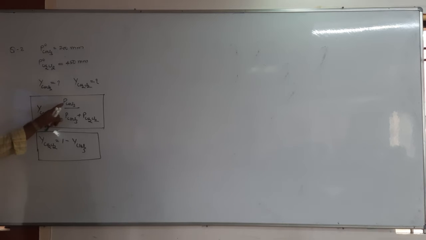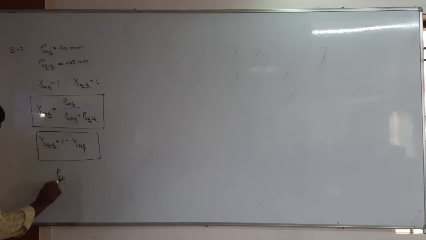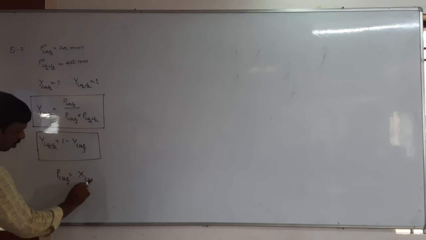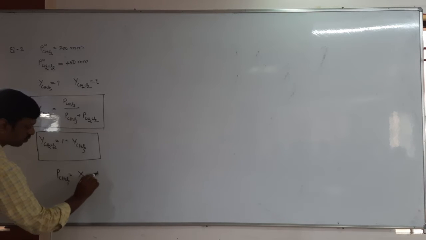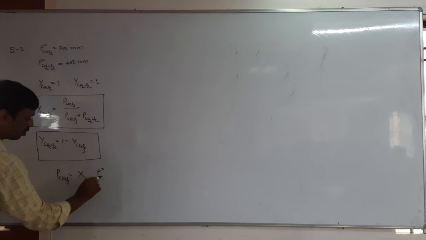Next, we need to calculate P chloroform. So how do you calculate P chloroform? According to Raoult's law, P chloroform is equal to X chloroform into P naught chloroform.